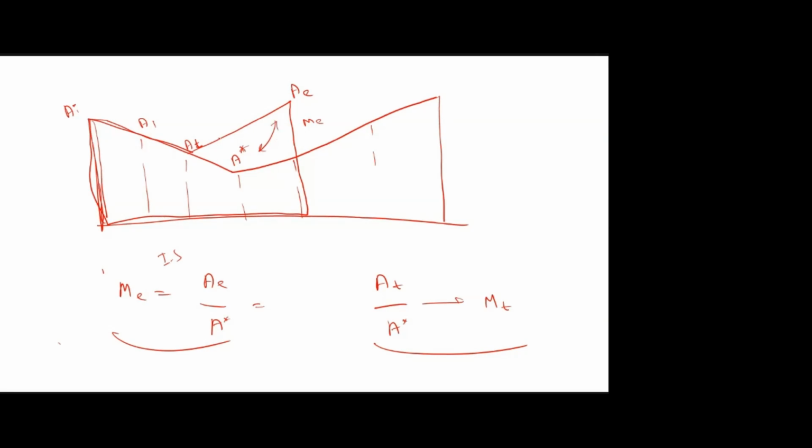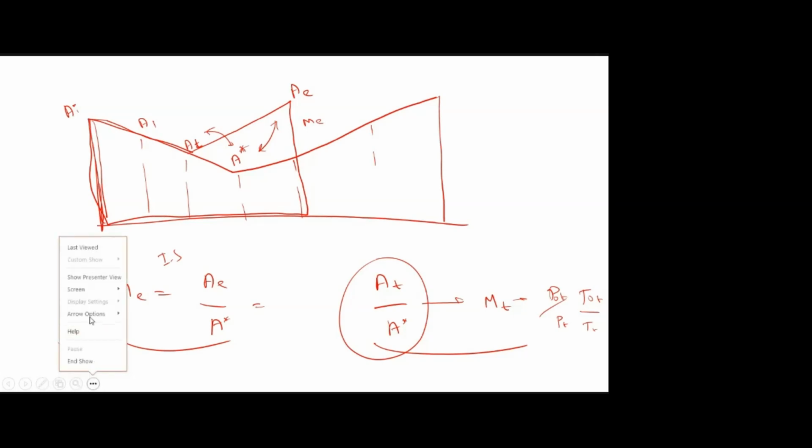Similarly, if I know AT by A star, I can find MT. You understand? Yes, sir. So now I should find AT by A star so that I can find MT, then corresponding P naught by PT, T naught by TT, everything I can find. Is it clear? Yes, sir. Okay. How to exit?